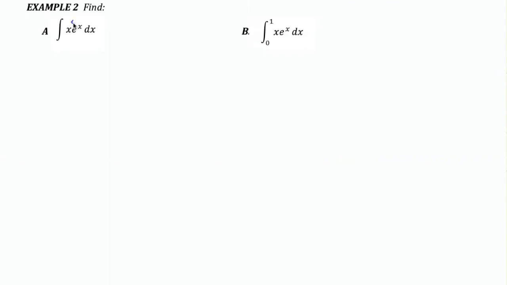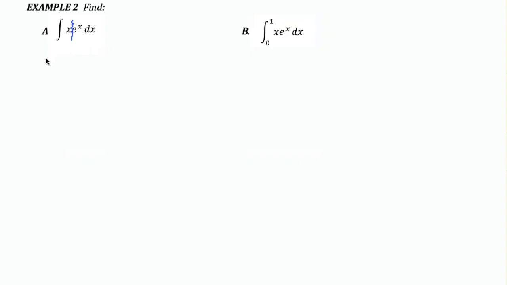Now, I kind of see a natural division between two functions here. And at this point, I haven't given you any sort of pointers as to how to choose what your u is going to be. And again, we're not performing u substitution. It's just a coincidence that we use the same letter for this process as well.